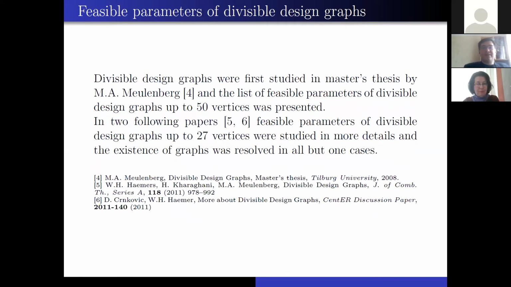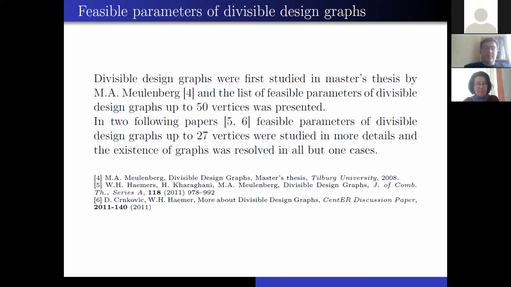Divisible design graphs were first studied in the master thesis by Maike Meulenberg, and in this work, the list of feasible parameters of divisible design graphs up to 50 vertices was presented.